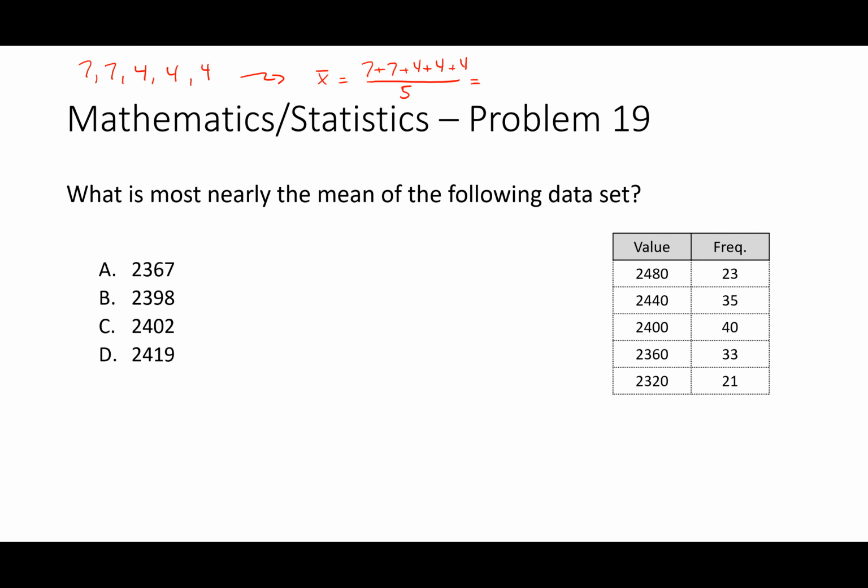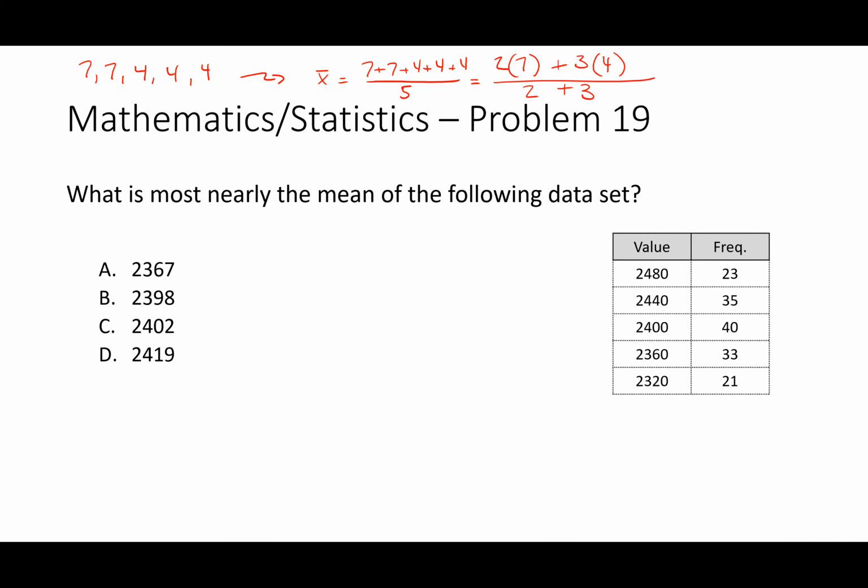But another way of writing that is to say, let's take a look at the 7. How many times did we observe it? 2. And then let's take the 4. How many times did we observe it? 3. And so we come up with a very similar formula. We just take the value times the number of times it was observed and then sum those products up.